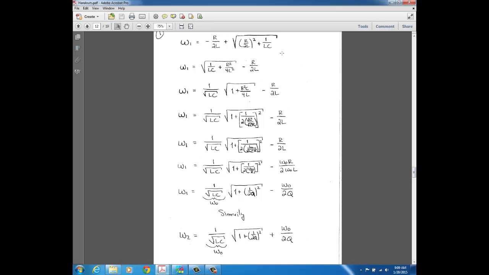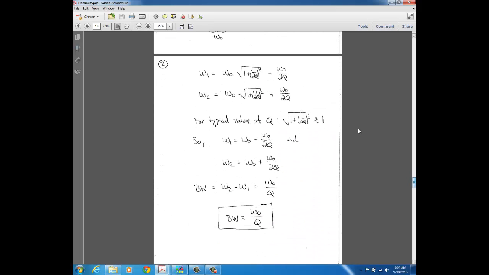But what this shows is taking our expression for omega 1, which is the lower cutoff frequency, that's in terms of the circuit quantities R, L, and C, and showing it in a different form that has Q and also resonant frequency. And I show the steps here for omega 1, and then you can do a similar thing and get the same form of equation with just a few differences. In fact, just this plus sign here for omega 2.